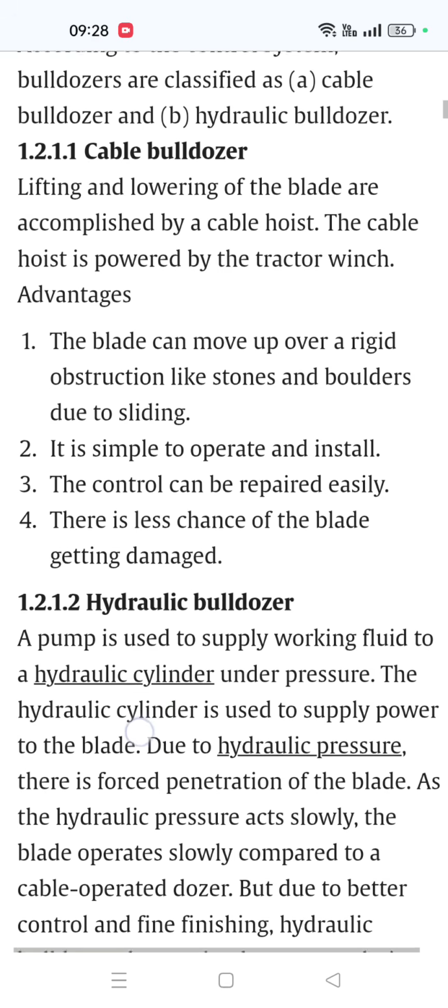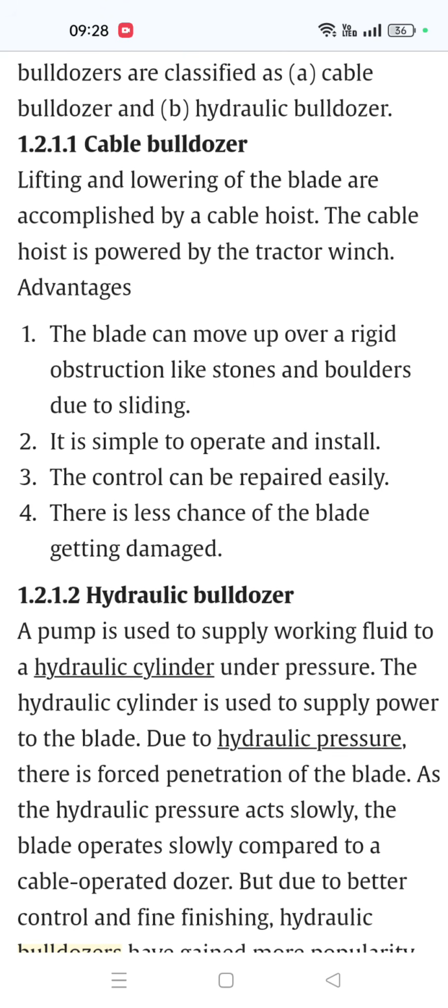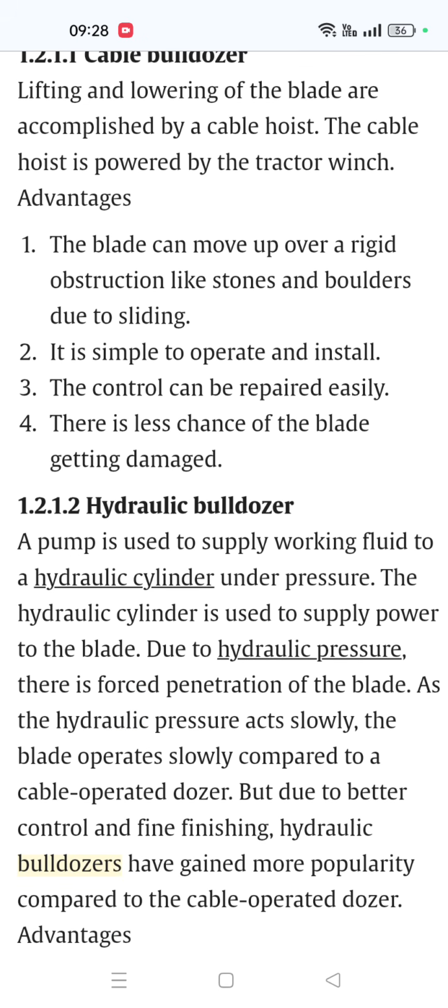The blade can move up over a ragged obstruction like stone and boulder due to sliding. 2. It is simple to operate and install. 3. The control can be repaired easily. 4. There is less chance of the blade getting damaged.